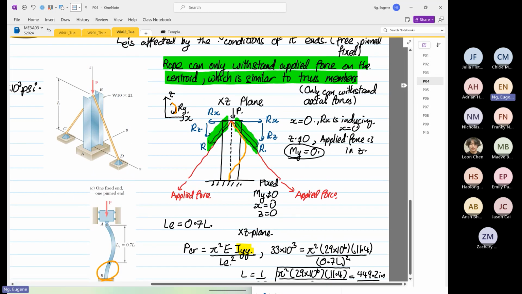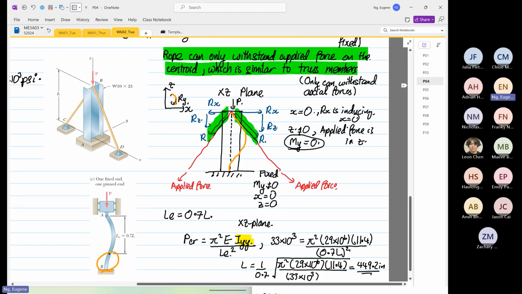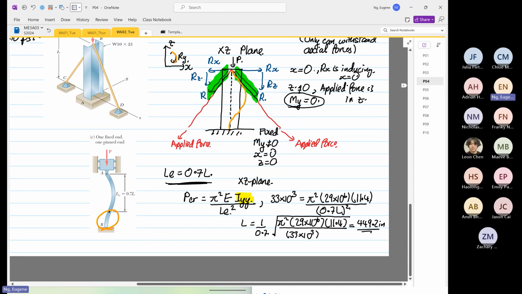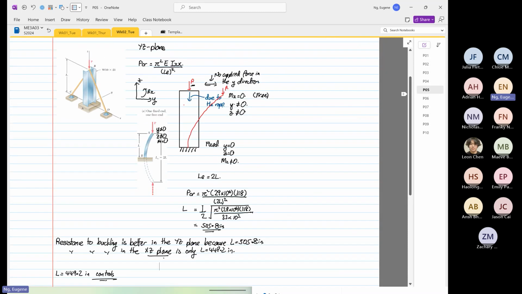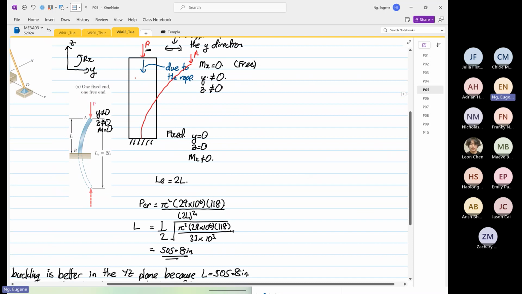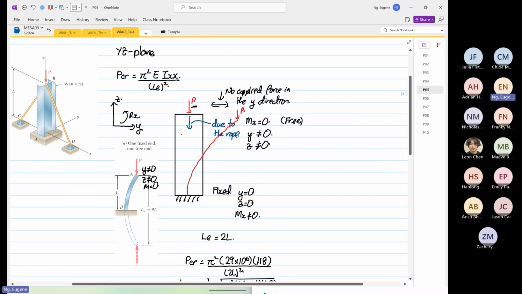So when you sketch this out, you realize that in the Z plane, the top end is in fact what we call a pin, while the bottom end is fixed. Whether it's pin or free, it will affect your LE. Then we calculate our length, which is 449.2. And in the other plane, once we start sketching this, the other end now is free.